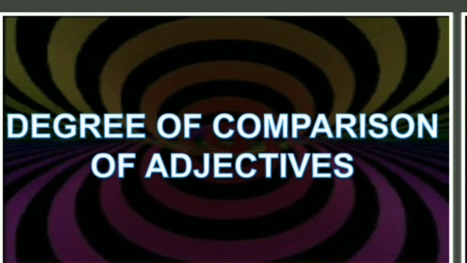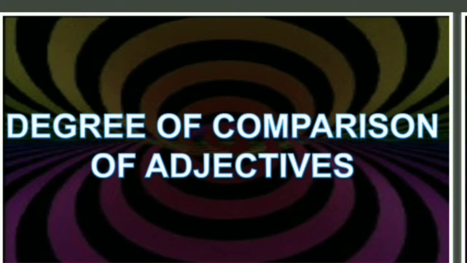Okay, students. So, last lecture we had studied about the kinds of adjectives. In the first part we had learned the basics, what is an adjective. In part 2, as I told, we learned about the kinds of adjectives, and I am assuming that you have understood it very well.